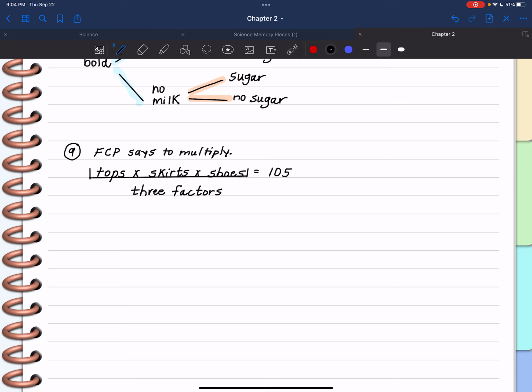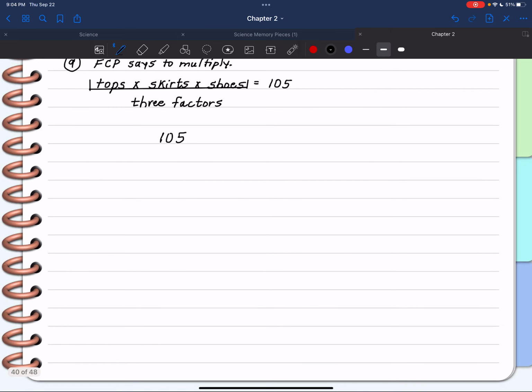So here's how I'm going to approach it and hope that it works out. This is a tough question. I'm going to draw a factor tree for 105. So what are some ways that I can multiply to get 105? Well, I know it ends in 5, so it's divisible by 5. What is 105 divided by 5? It should be 21.